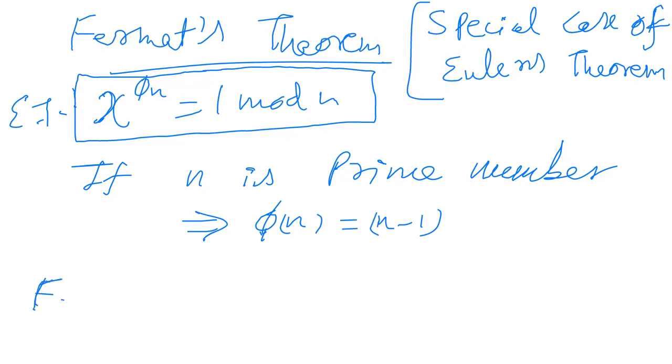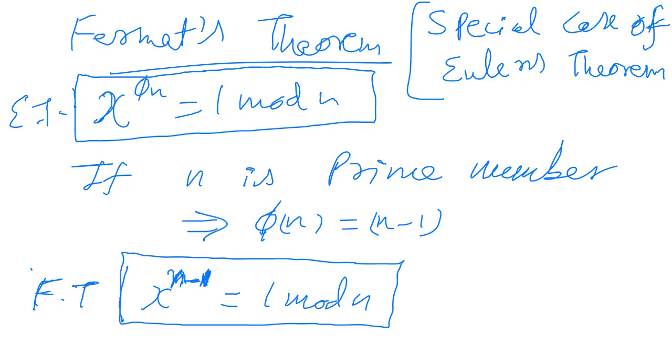So Fermat's theorem becomes x to the power n minus 1 is equal to 1 mod n, provided x is not divisible by n.